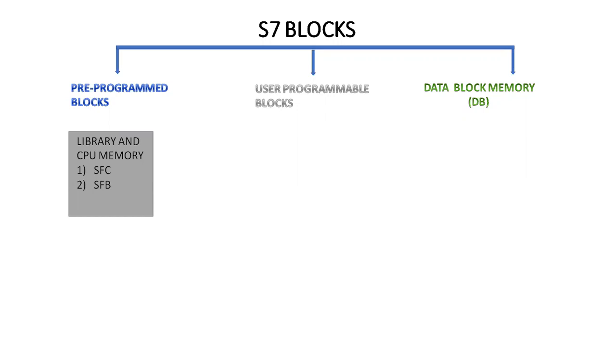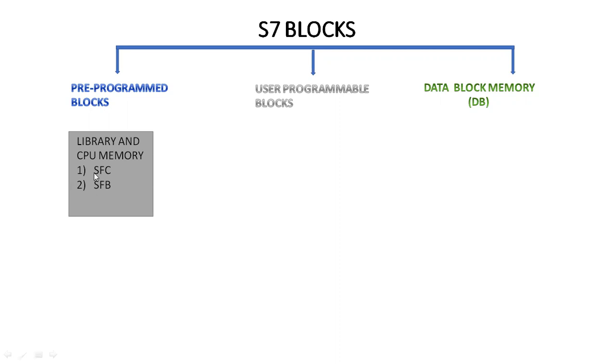Instead of that, what Siemens has done is they have already created some logics, some blocks, some programs, calculations and formulas. Depending on the formula, they already created all those blocks, and you can simply apply them.